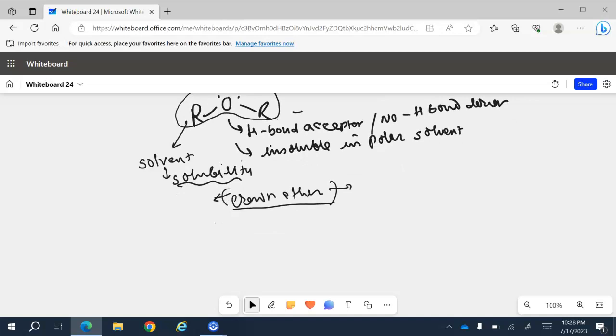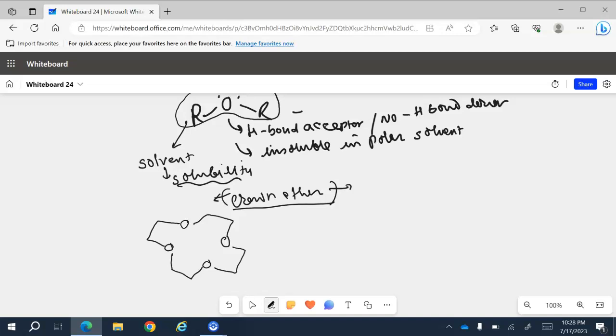Say for example, one is this: two oxygens here, and here are the other oxygens. So this is one example of crown ether. Here are four oxygens, four ether units combined together forming a crown-like structure.